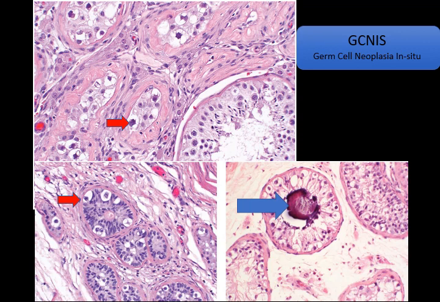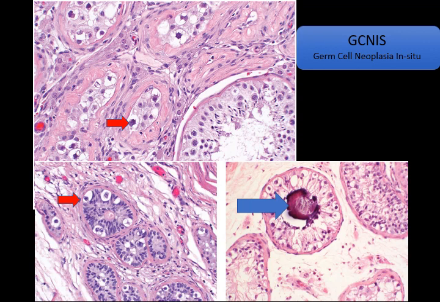The other tubules there are abnormal, and they've lost the normal spermatogenic process, and you can see the germ cells, which have been highlighted there by a big red arrow, are quite abnormal. The nuclei are really dark and scalloped in appearance.